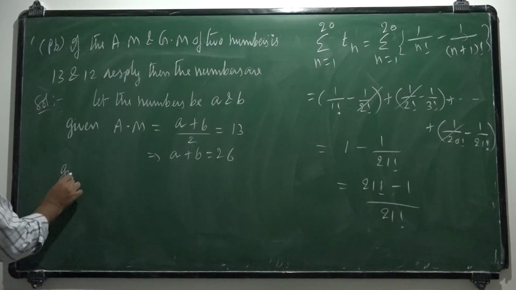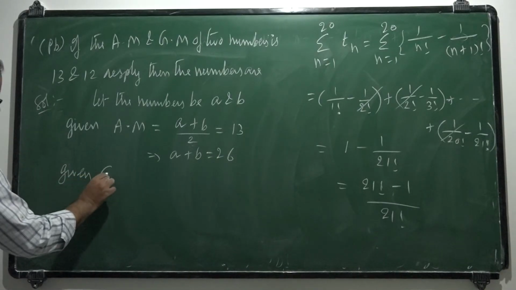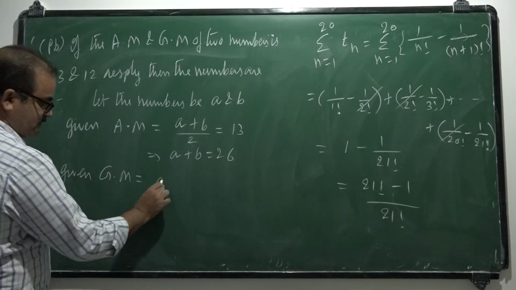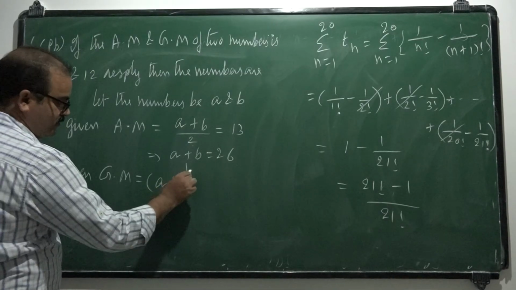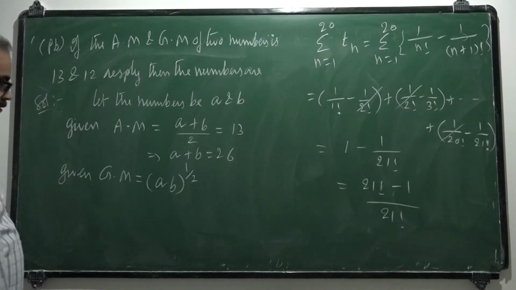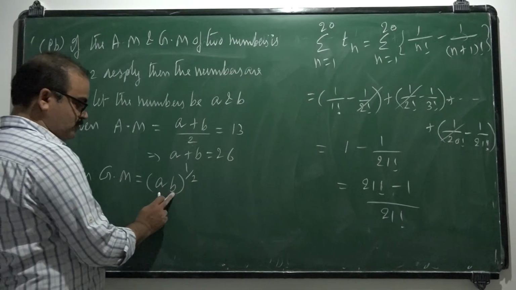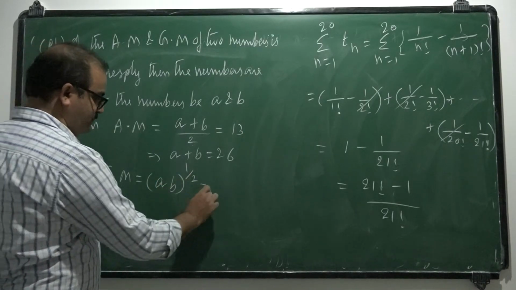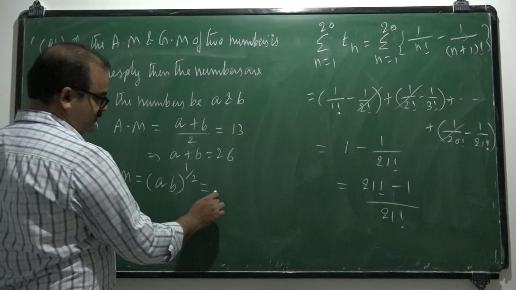Next, geometric mean of two numbers is A into B whole power 1 by 2. Geometric mean of AB is product of the numbers whole power 1 by number of terms, or square root of AB.